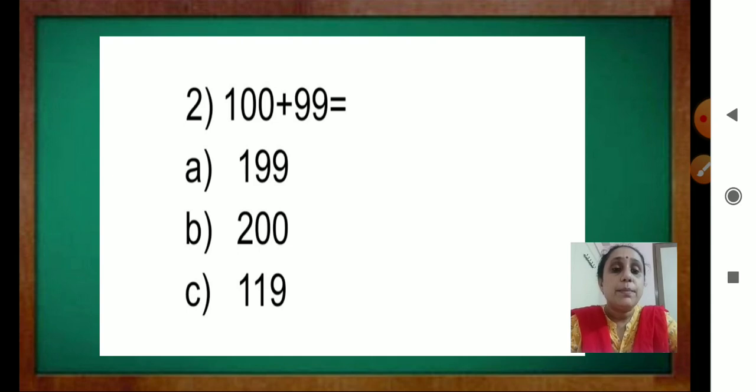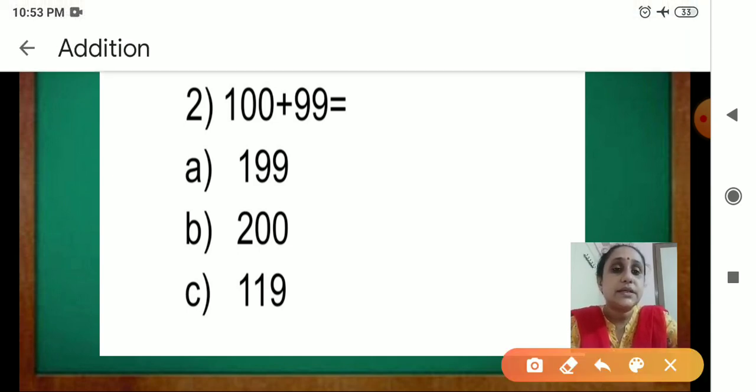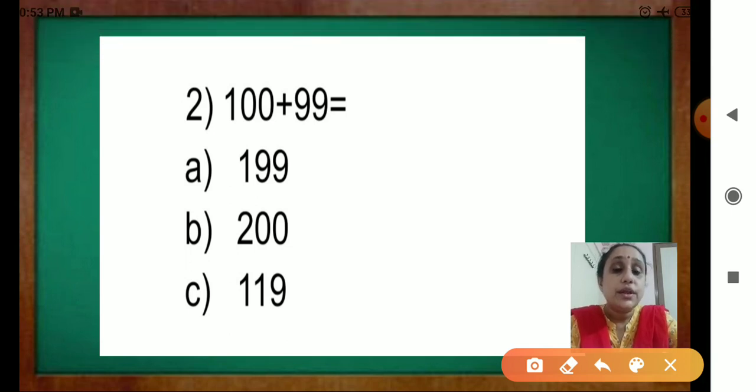100 plus 99. What is the correct answer? You can do it in your rough book and you will get the answer, or you can add from here, ones place, tens place and then hundreds. So the answer is 199.